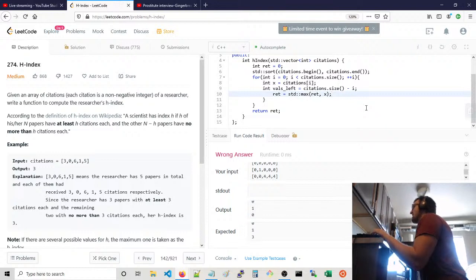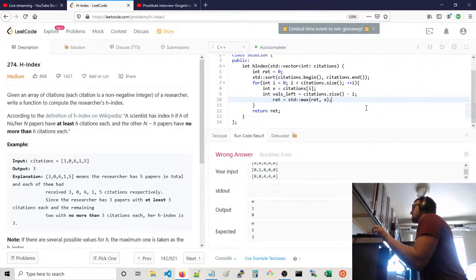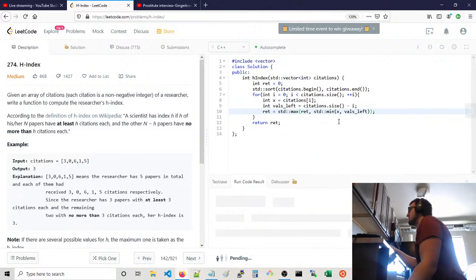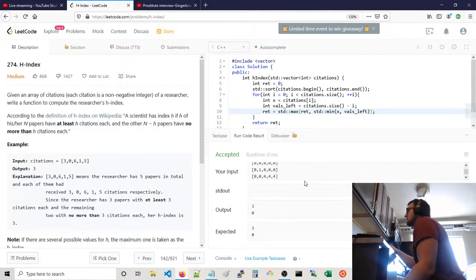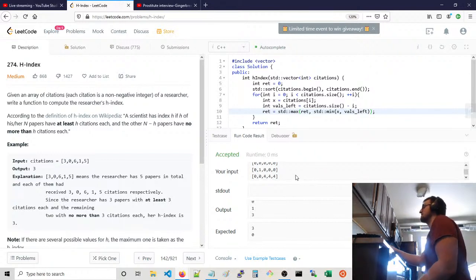I got it wrong, but it's close. I want to say it's something like this. I actually don't know what we do here. Oh, that's accepted. Okay, but it's not supposed to be accepted for just that case.